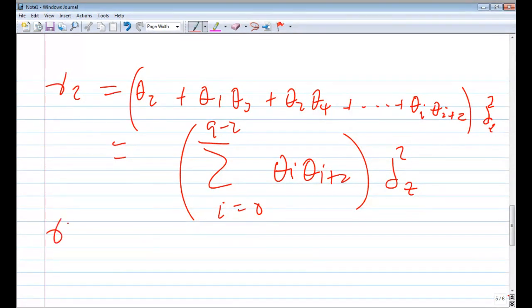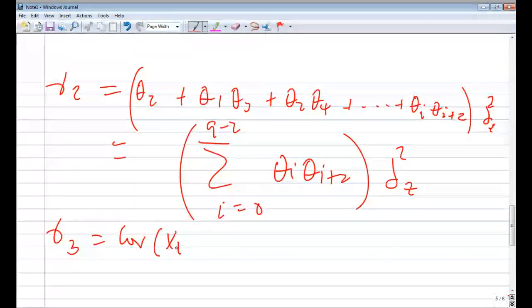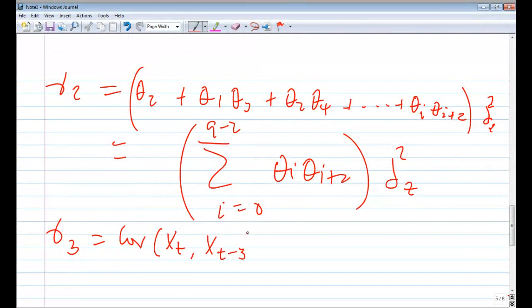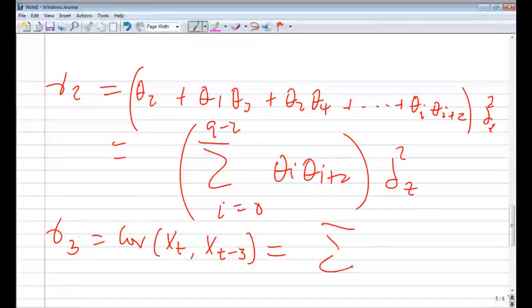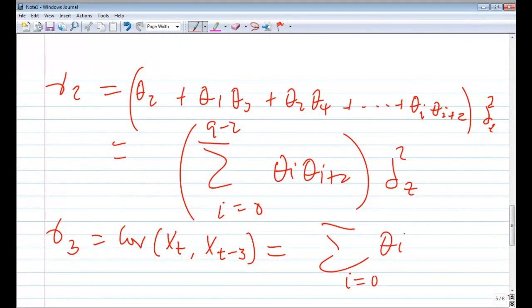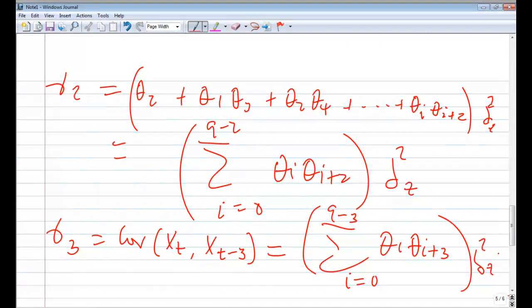Then you go to gamma 3, which is the covariance of X t and X t minus 3, equivalent to the summation, i from 0 to Q minus 3, of theta i theta i plus 3, then sigma squared Z. It's not necessary to calculate this one; you just see the pattern from gamma 1 to 2.